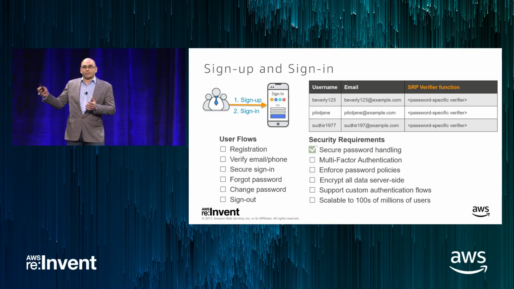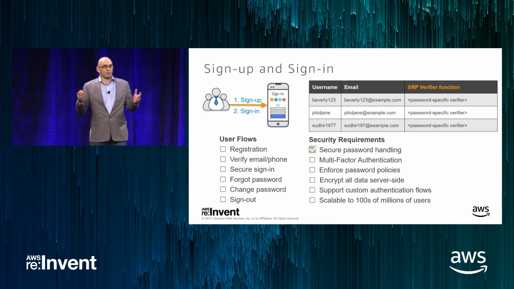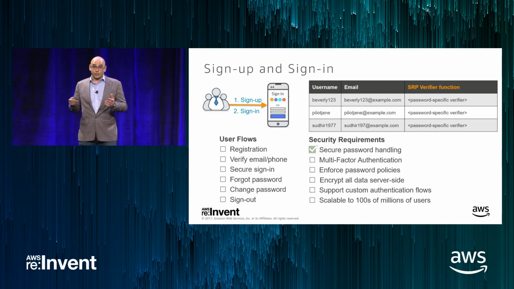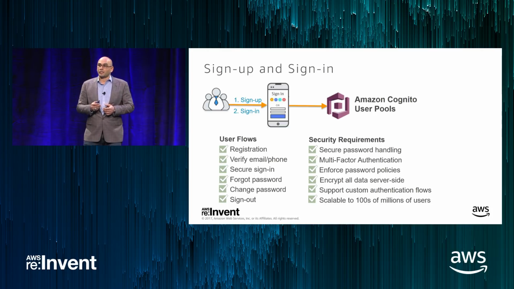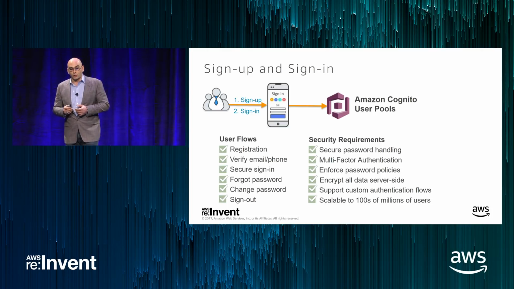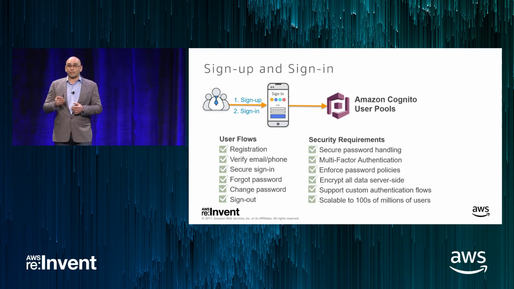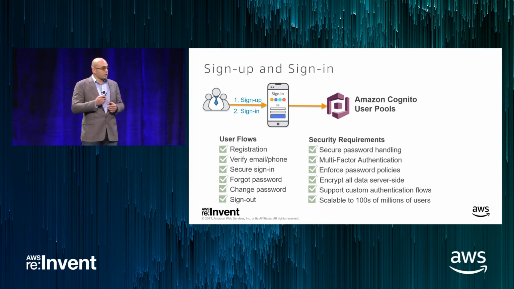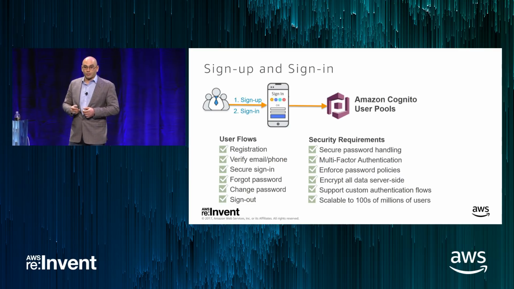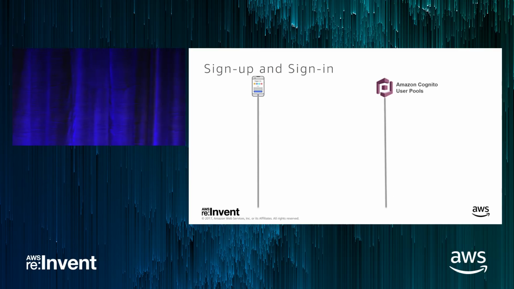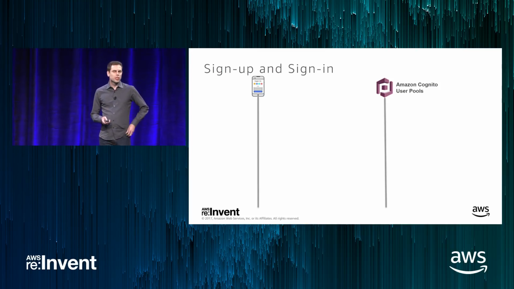On top of sign up and sign in, you want to be able to have the functionality to reset a password or change a password, obviously sign out. Well, thankfully we have a service for you, and it's called Amazon Cognito, specifically Amazon Cognito User Pools, which is our managed user directory. And Justin will go over the actual process of sign up and sign in using Amazon Cognito. Thanks, Vladimir. So to walk you through how you can use Cognito User Pools, let's take a look through the common flows with our SDK.